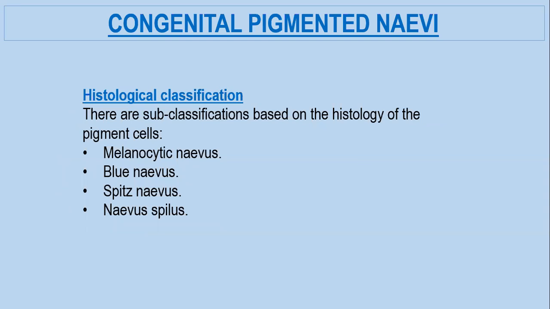Then about the congenital pigmented nevi. So the congenital pigmented nevi are mainly derived from the pigment cells and are subclassified on the basis of histology of pigmented cells. That is, they may be a melanocytic nevus, blue nevus, Spitz nevus, or nevus spilus. So these are different categories of the pigment cells which determine the type of nevus.